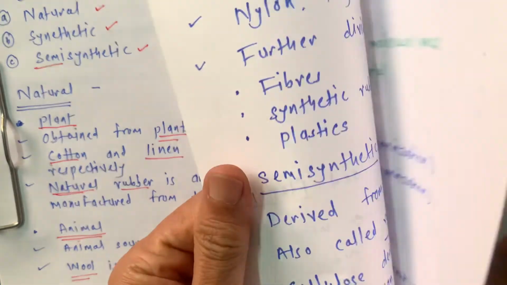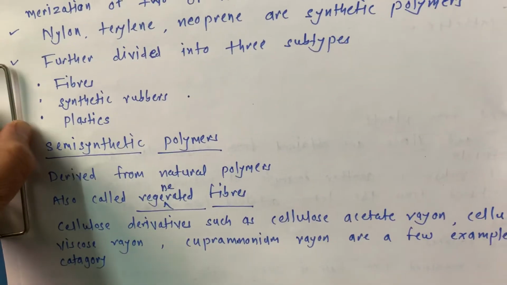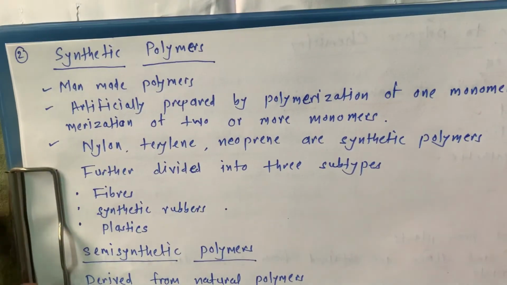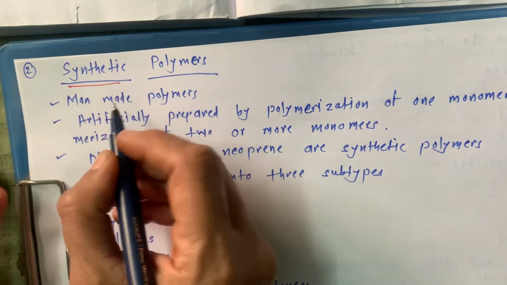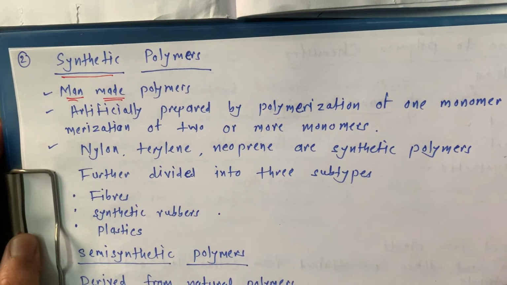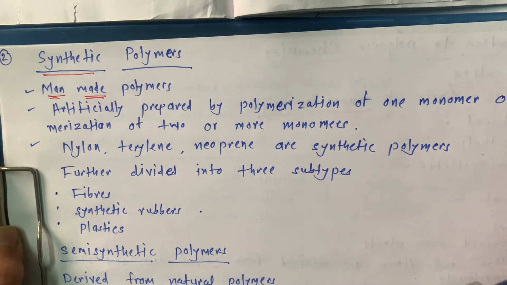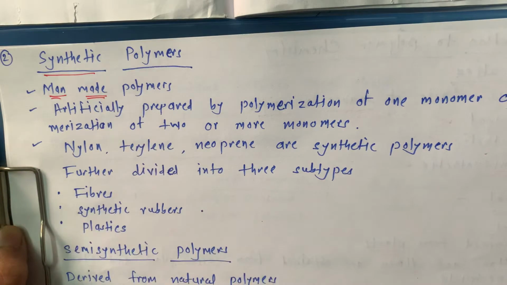Okay, now next is synthetic polymer. Synthetic is nothing but man-made polymers. As I explained before, we prepare them in laboratories and in industries.